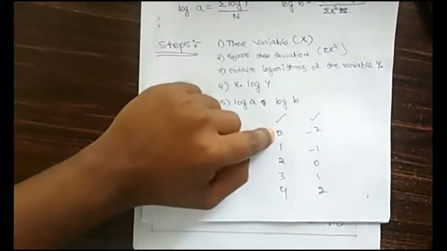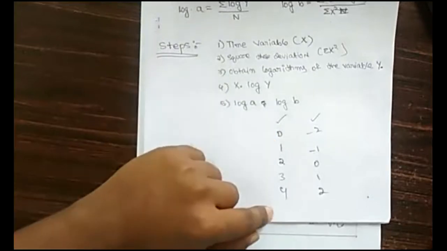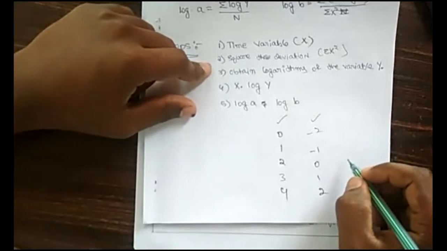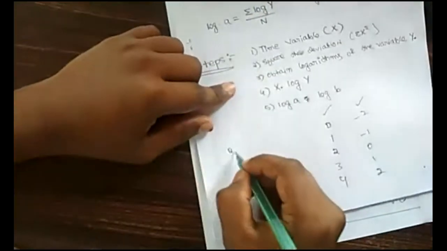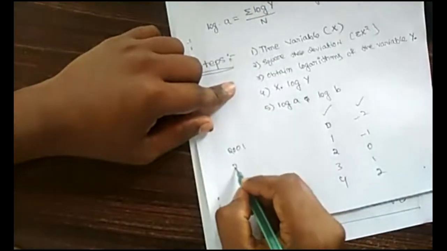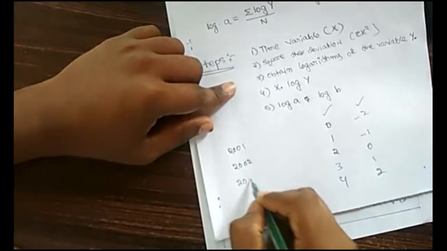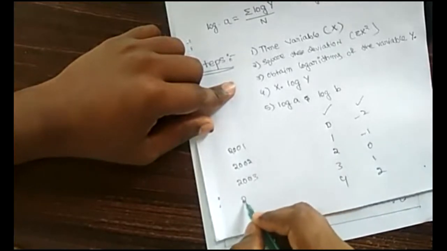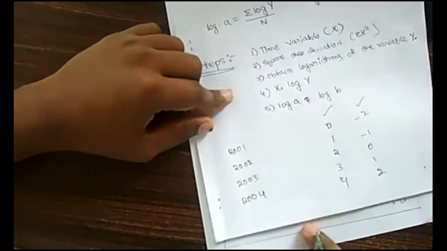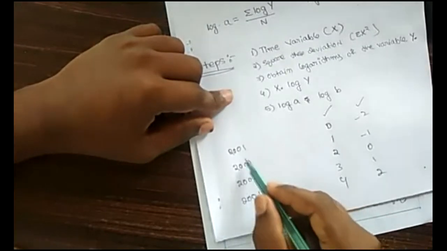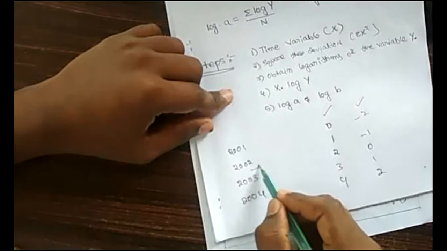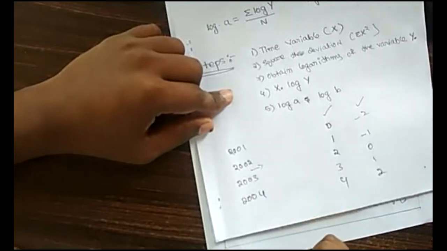So what if we get even years? If we get even years in our data, either you can follow the first year as the origin year, or, for example, if there are 4 years, 2001, 2, 3, and 4, the middle year lies between 2002 and 2003.